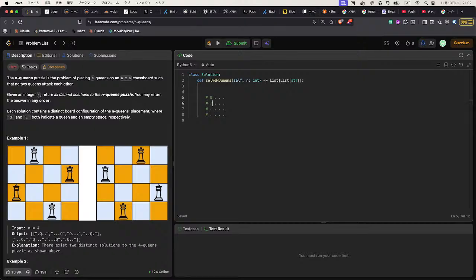Try to place here at first, and in the row we cannot place more queens, so we go to the next row.